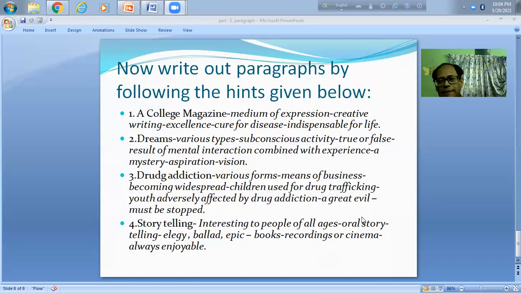So storytelling was the most ancient medium of expression, like elegy, ballad, or epic. So they lamented about the death of somebody, long lamentation, which can be called elegy.